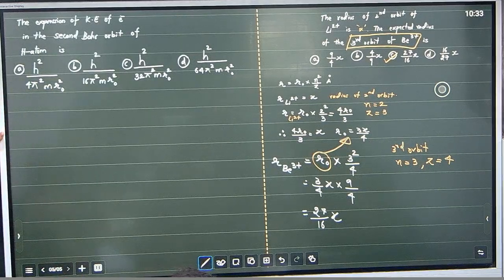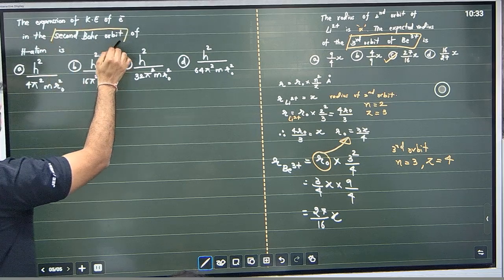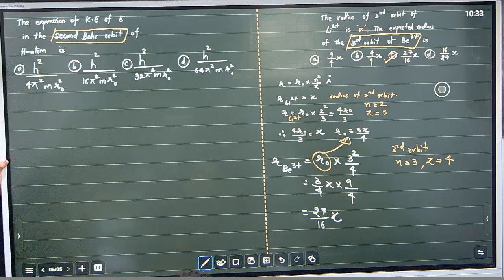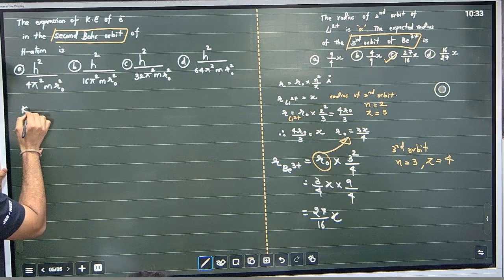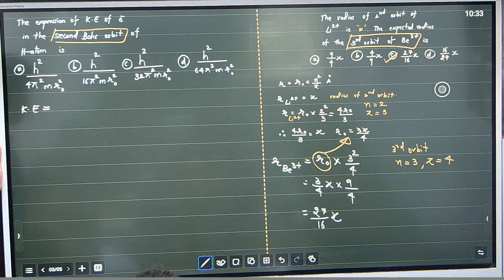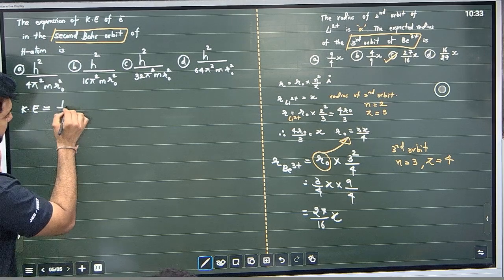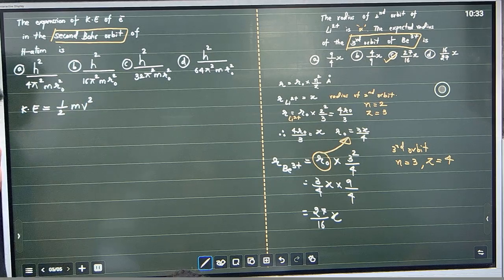The expression of kinetic energy of electron in the second Bohr orbit of hydrogen atom is, first of all, can anyone tell me what is the formula for kinetic energy? Half mv squared.